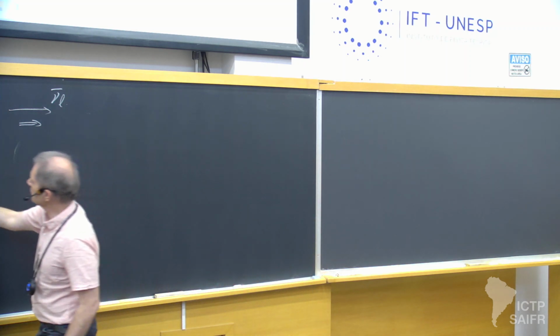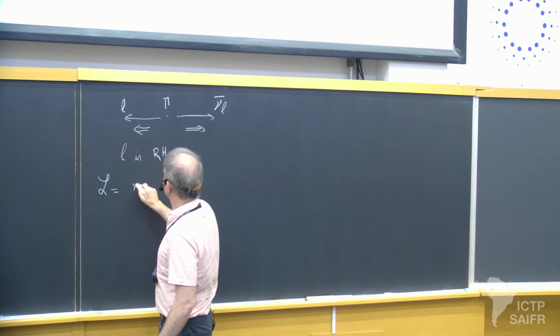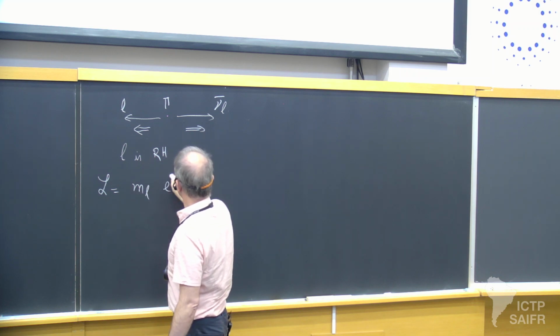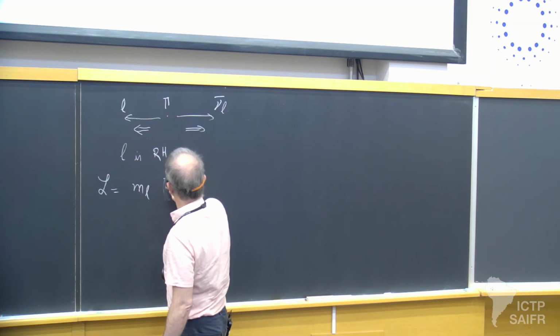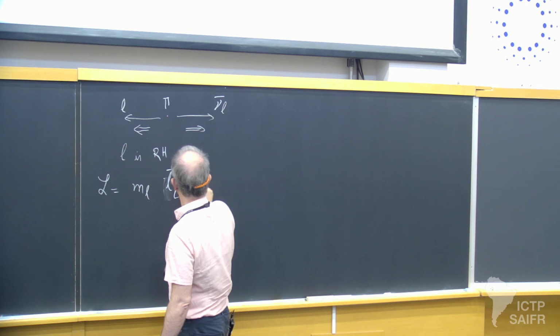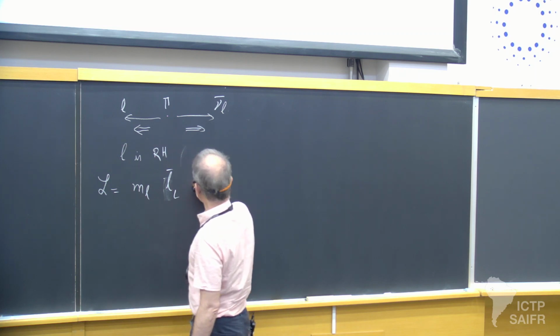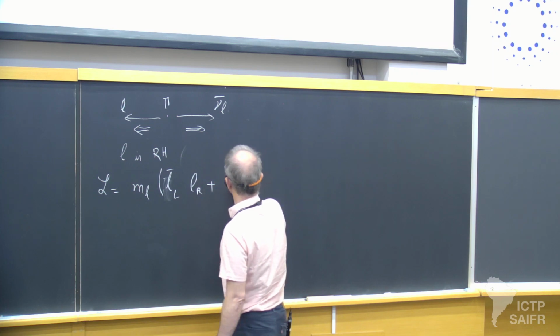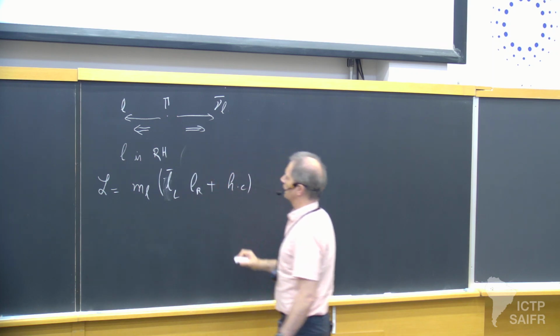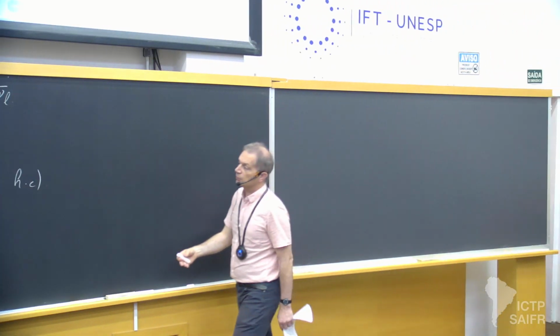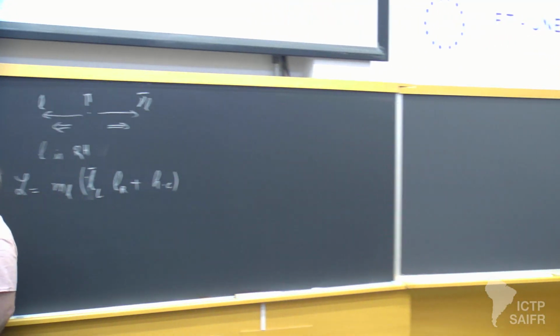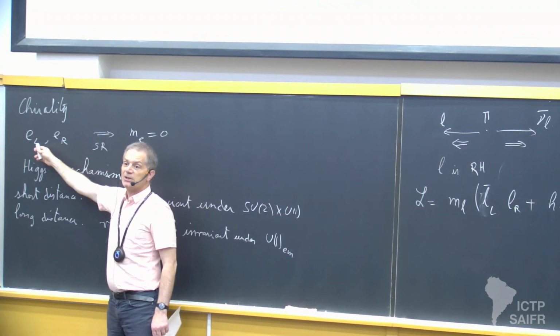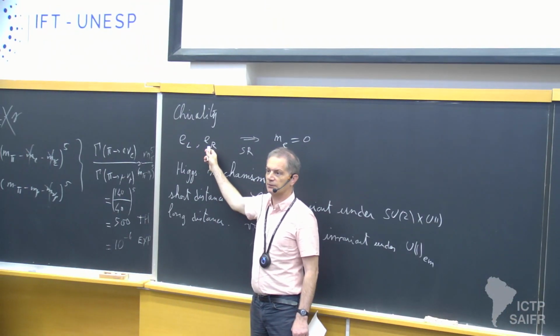Because in the Lagrangian, if you write the mass term for the lepton, it is always mixing the left-handed chirality with the right-handed, plus the complex conjugate. So it's really the mass, as we have seen here. It's only the mass which flips the chirality of the particles.